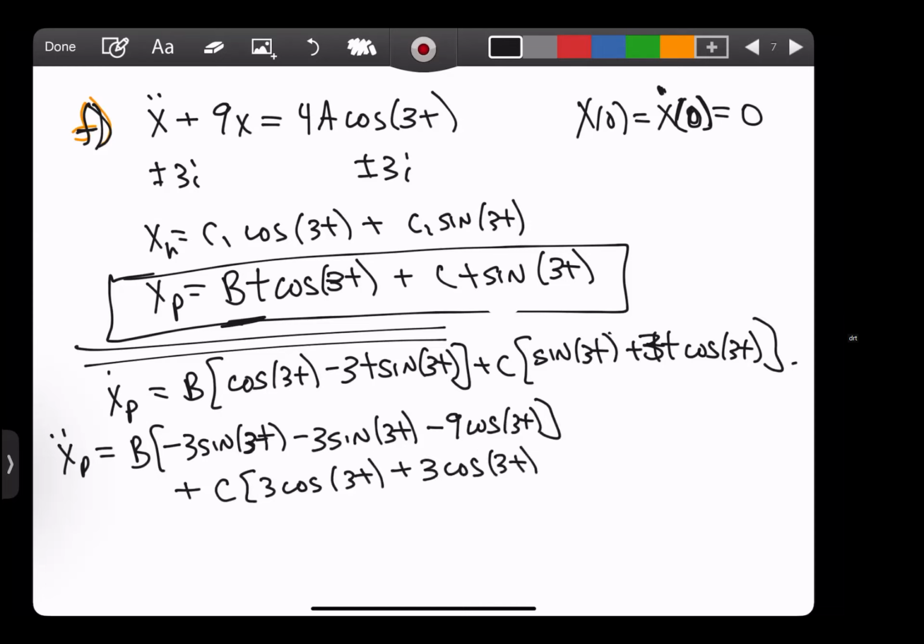See how pretty it is? Look at the symmetry in the way these two solutions turn out. And that is a minus there. Okay. Minus 9t cosine of 3t.